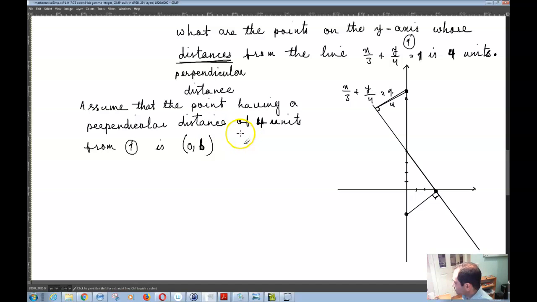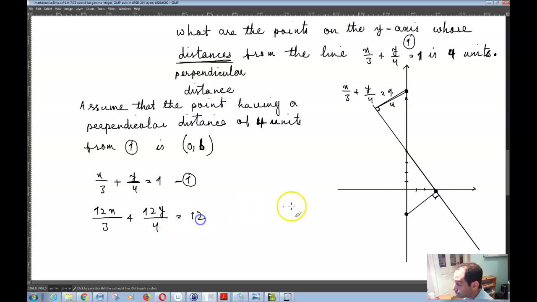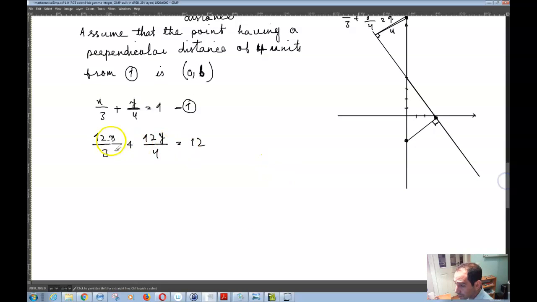And so this line over here, x over 3 plus y over 4 is equal to 1, which is basically the line we call line 1. You can write it as 12x divided by 3 plus 12y divided by 4 is equal to 12, and basically 4x plus 3y is equal to 12.